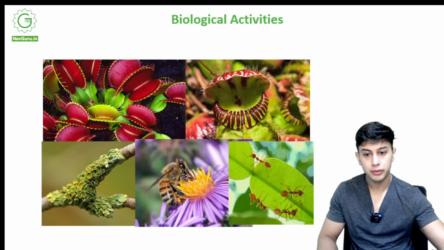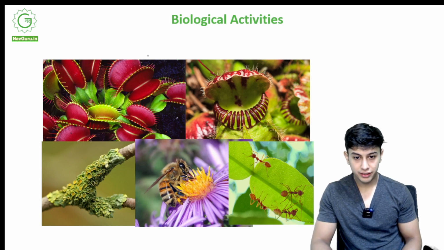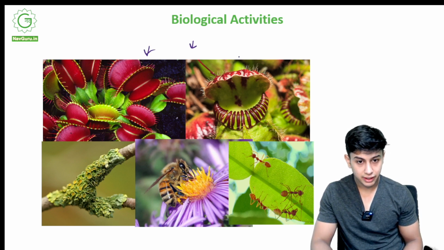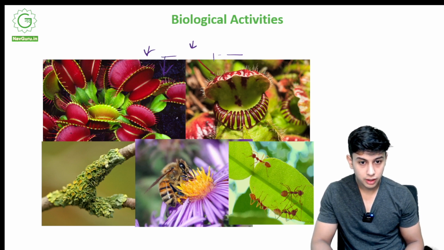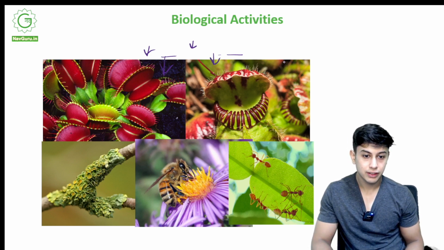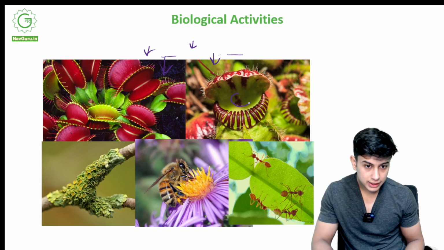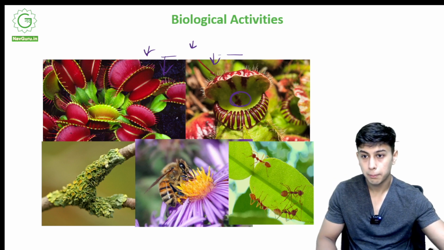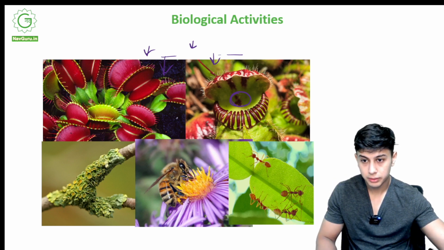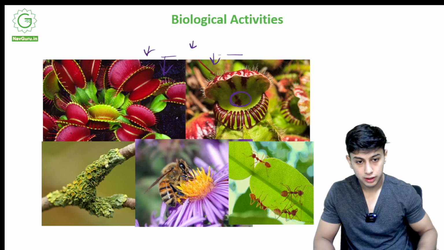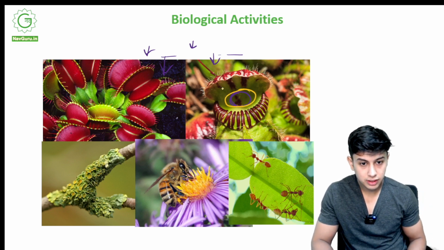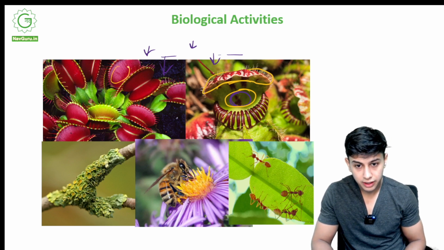So what happens is, I'll show you. Wait. Okay, so over here we have Venus flytrap, and these two are insectivorous plants. See over here, there is an insect inside, right? These are very attractive looking leaves. These leaves, you see these colorful leaves, you see this red color.